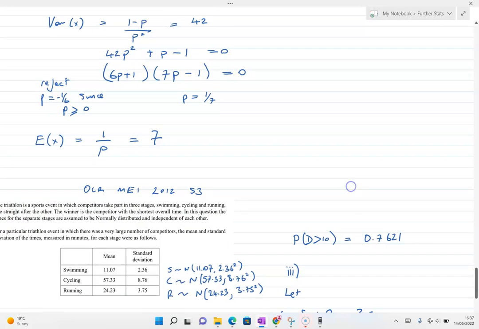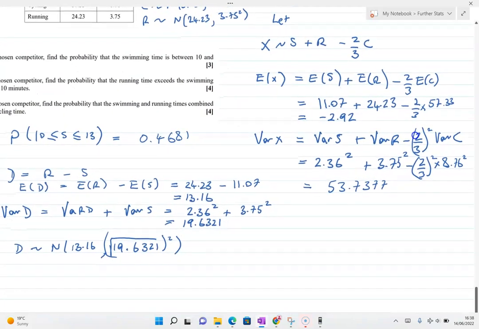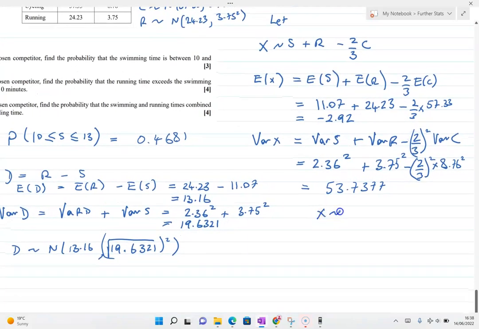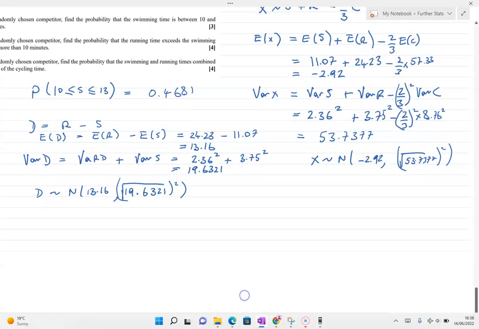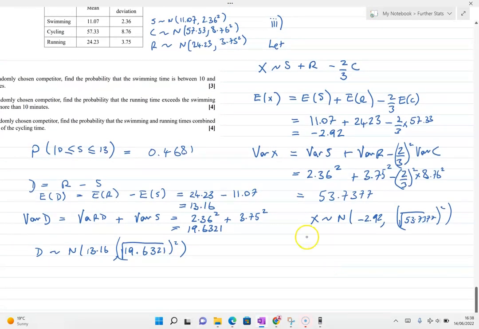Okay, so we've now found the normal distribution for X by combining them. X is normally distributed with mean minus 2.92 and variance 53.7377. Write it like that. A bit awkward, but at least we're not going to mix up variance and standard deviation doing it that way. So then we can find the probability that X is greater than 0.